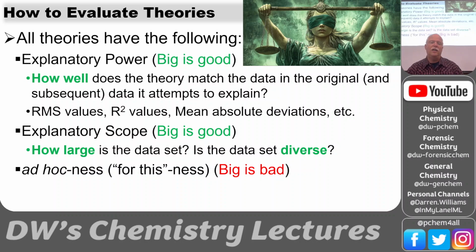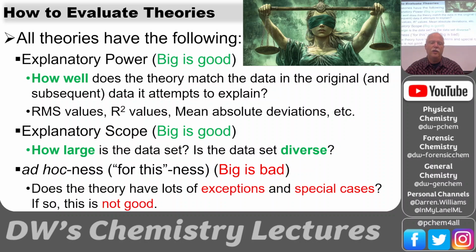It doesn't have a correct scope. The exceptions or special cases would be like the octet rule and so on for local bond theory. That's an ad hoc rule. It's like, do this for all your molecules, but if it's carbon, nitrogen, and oxygen, start making double bonds because they want an octet. Those are specific cases. If you have a lot of specific cases in your model, then it's less good.